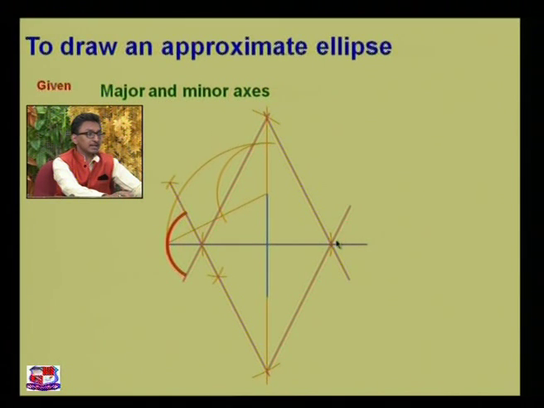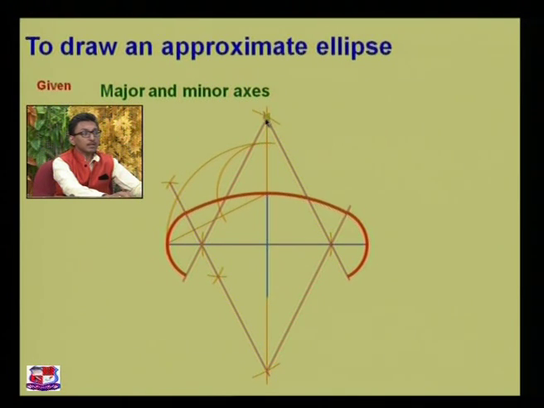Using the circle center like this, over here, radius is equal to this much. Draw an arc. Now take the center as this bottommost portion and radius till here, and draw an arc which will intersect the other two arcs.